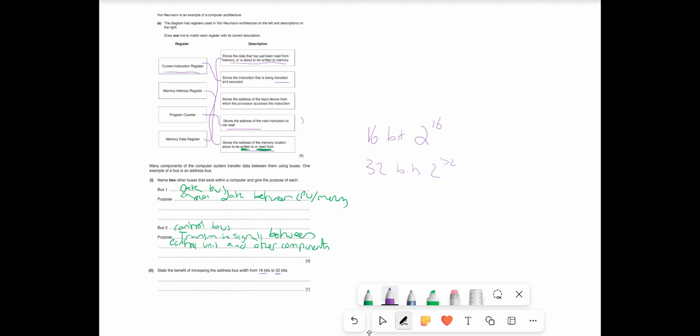That is going to allow us to increase the number of addressed memory locations that the bus can directly access.